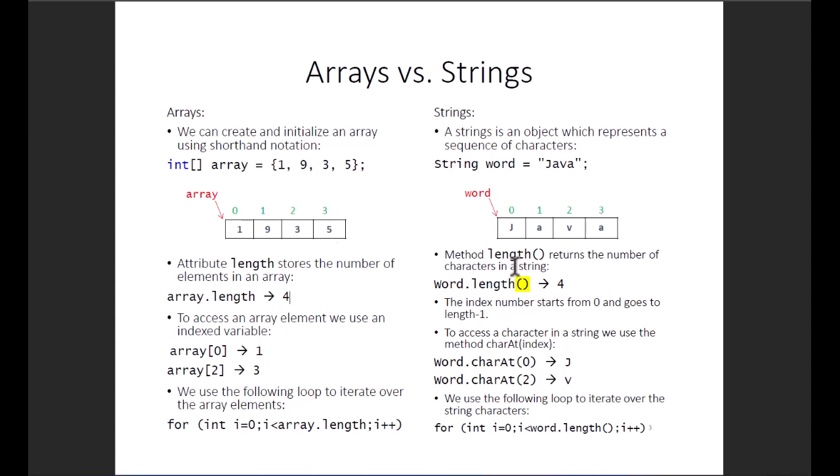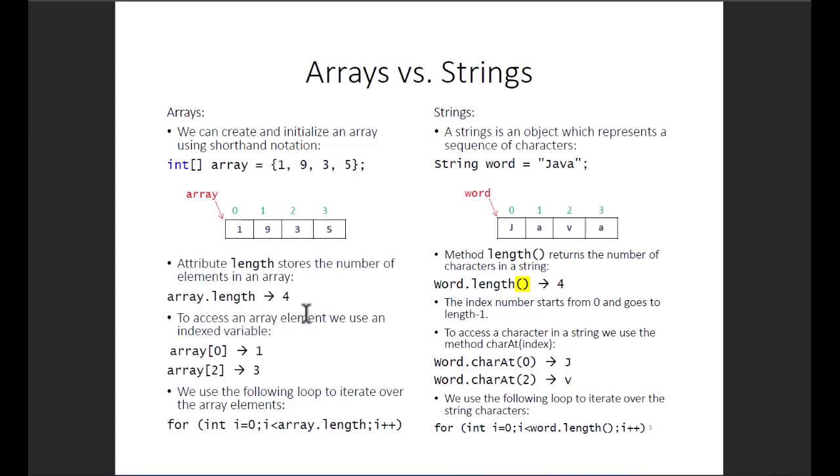Now for the string, I use a method. It's not a property. So I need to use word.length(). You will know about these methods in the object-oriented part of Java programming, which is the course after the TM105.